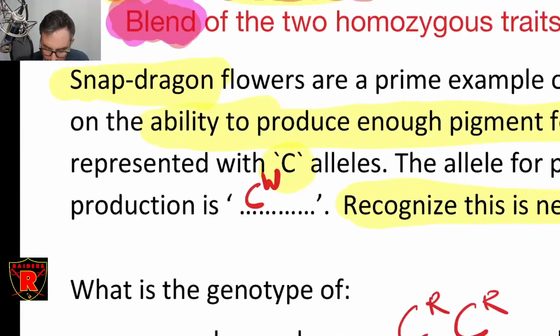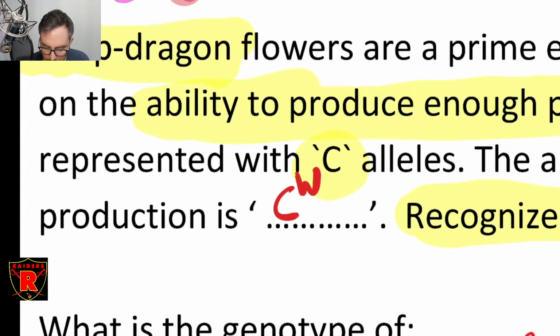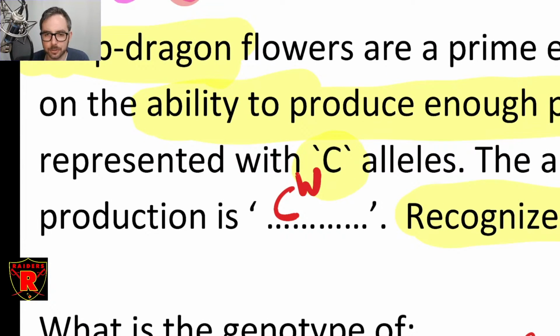And for the other one, we're going to look at white pigment here. Let capital C capital W represent the white pigment. The reason we use only capitals is because neither of these traits is dominant to the other. So in the nomenclature, you use only capital letters to represent that they're both dominant at the same time. There is no recessive one, so they're all capitalized.